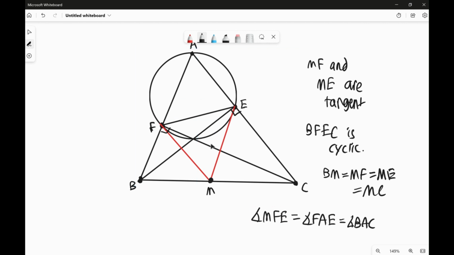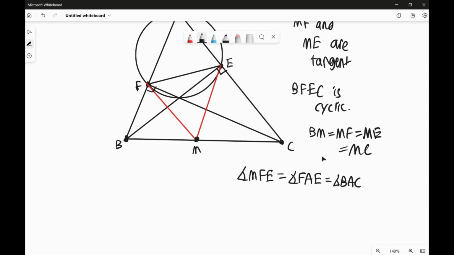There's no obvious way to compute MFE because even though we know that FME is isosceles, that would involve computing FME, which would end up becoming a mess. So we want to somehow use the fact that FM equals MC, and yeah, so what can we do here?